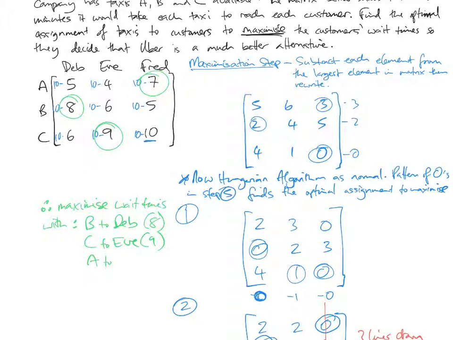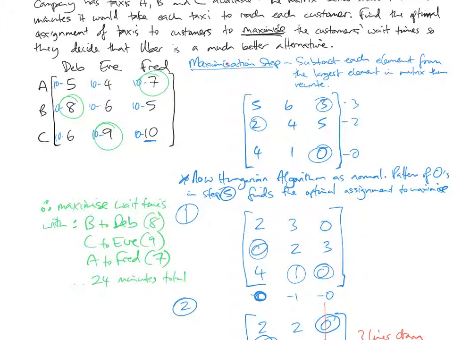A to Fred, 7 minutes. And you can total that up. 17, 24. I believe that's 24. 17, 18, 19, 20, 24 minutes total.